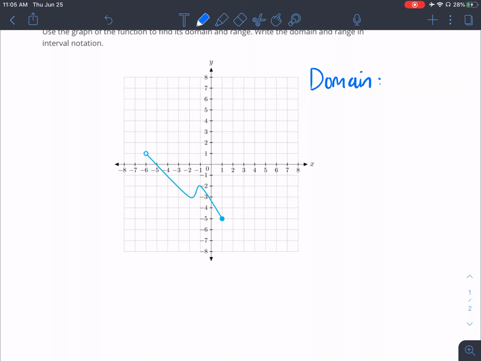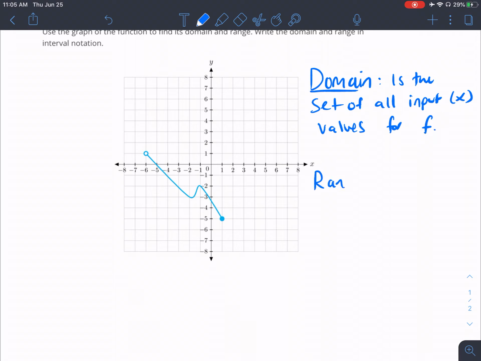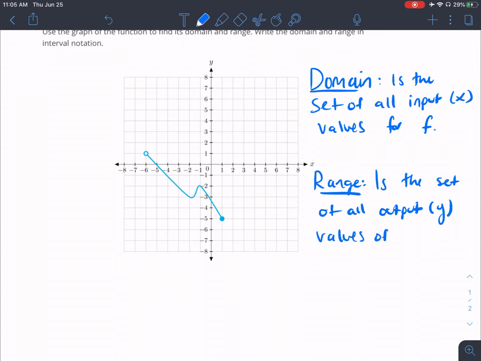Remember that the domain is a set, the set of all input values, and in this case, it's going to be x values, input values for our function f. And range is similar, but it is the set of all output values, and in this case, it's going to be y values for f.